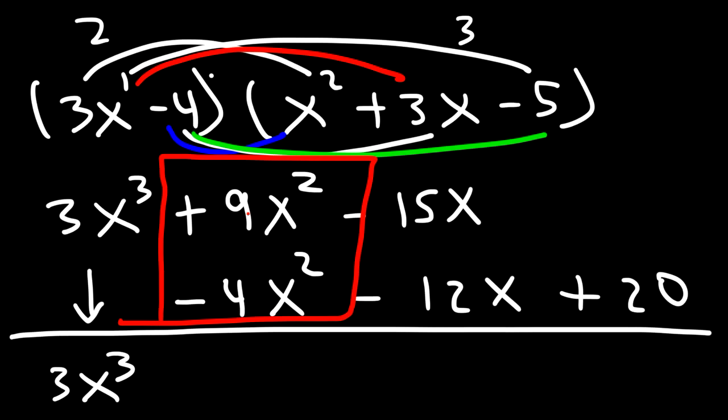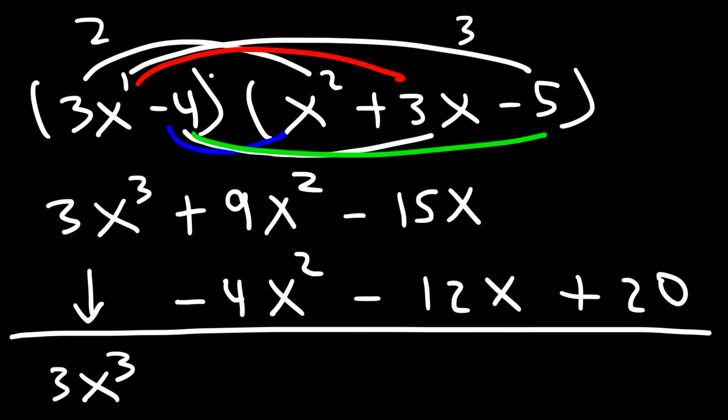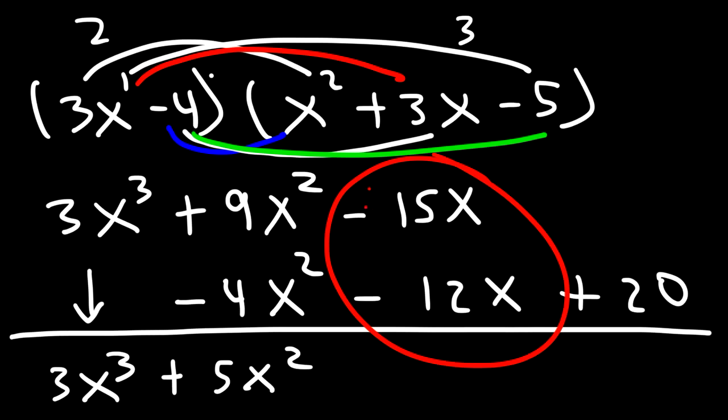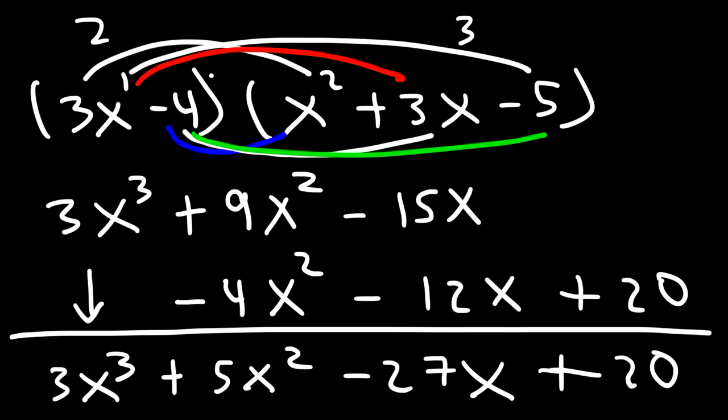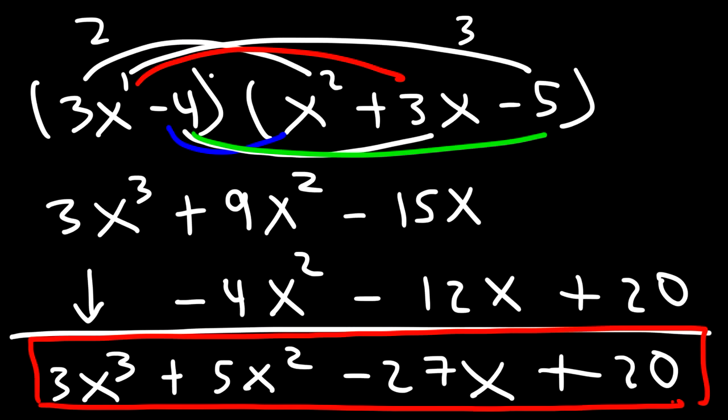So positive 9 plus negative 4, or simply 9 minus 4, that's going to be 5. So we have 5x squared. Now let's combine these two. Negative 15 plus negative 12, that's negative 27. And so this is the answer. 3x cubed plus 5x squared minus 27x plus 20.